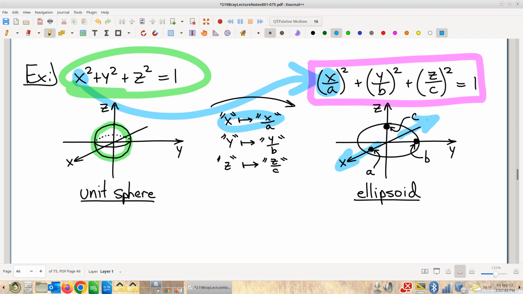And then likewise for the y, we're doing that in the y direction, so that'll stretch by a factor of b in the y direction, and likewise analogously in the z direction. Everybody cool? It's a really nice argument, really clever. We started with something that's not nice. I noticed that it's just a tweaked version of something that is nice, and then we accommodate for the tweaks.